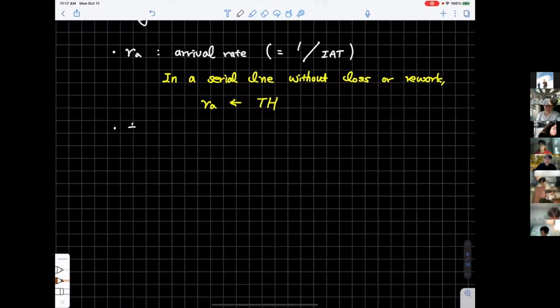Second one is TA, the working time. Actually, this is the same as the reciprocal number of TE.